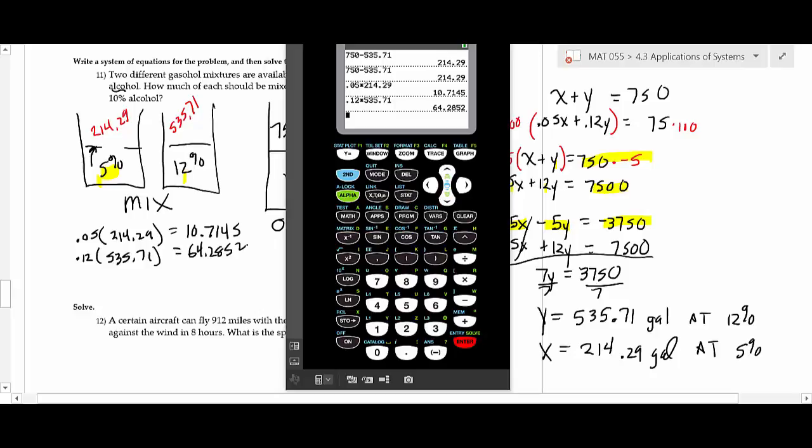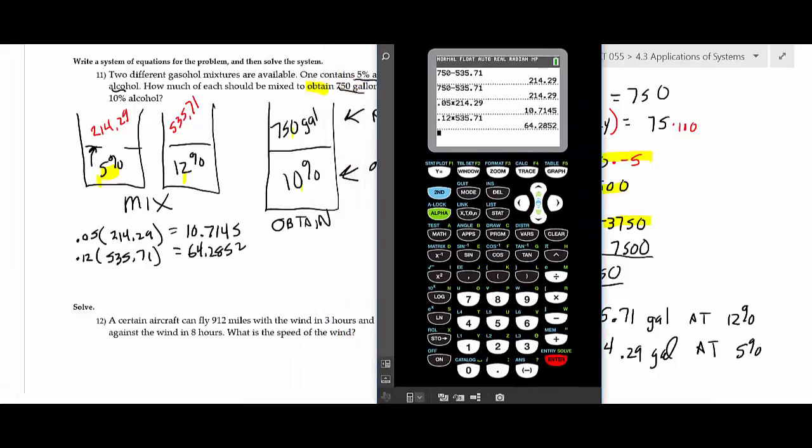Now the final thing I've got to check is what's 10% of 750. That's 75. Why is this right? Because they add up to 75. They're close: 64 and 10 is 74, but that's going to be real close to 75. So you're right. How's that look?